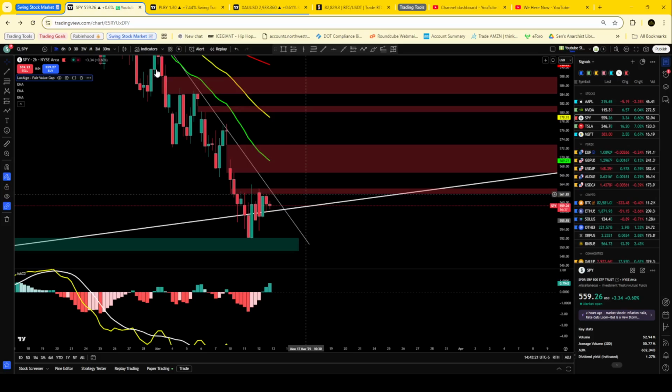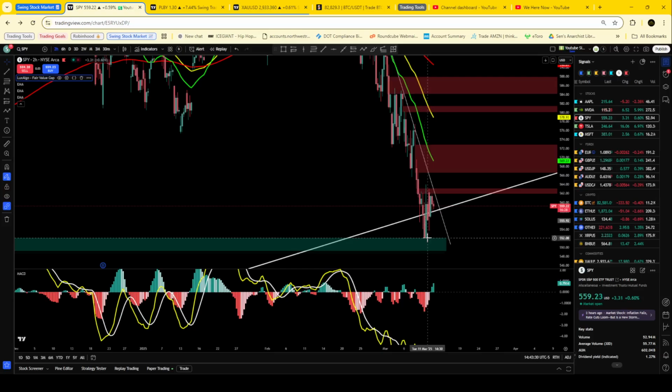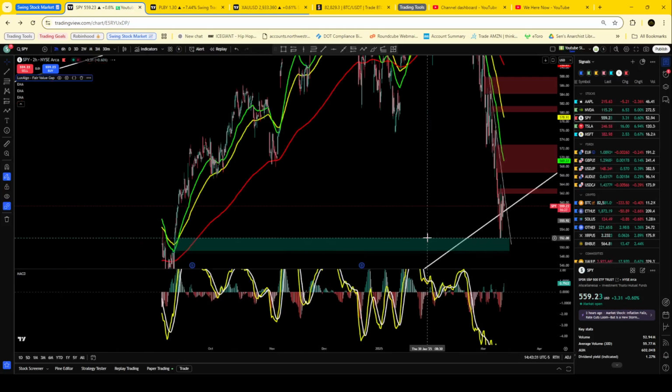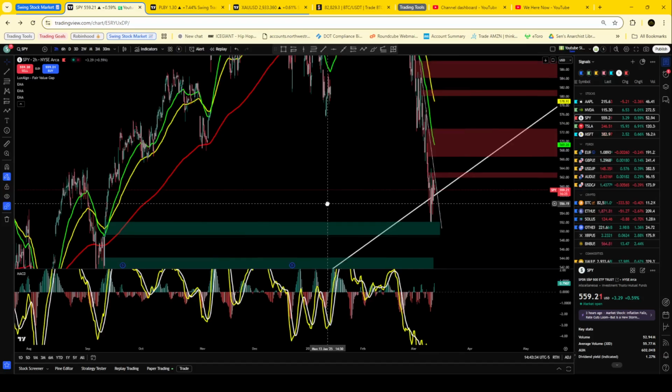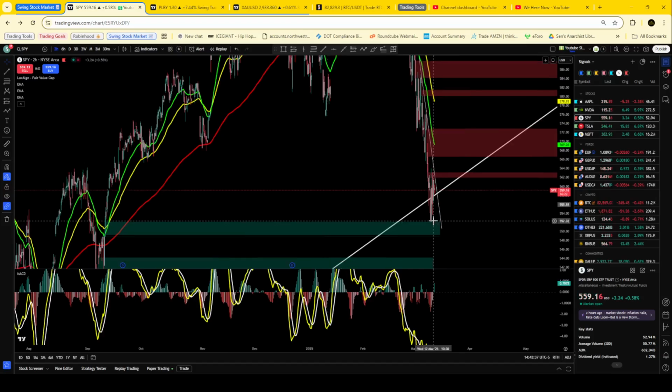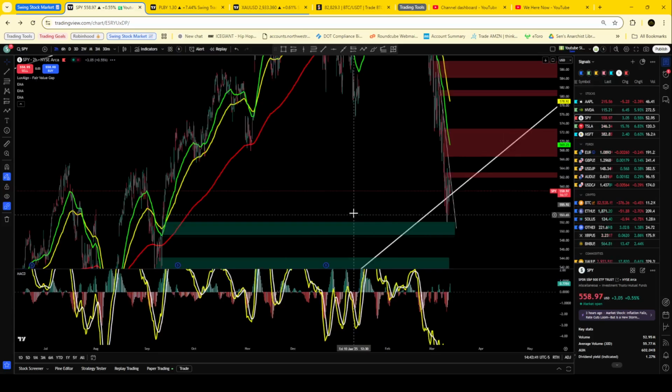This is still a strong trend line, and the fair value gap right here has been holding. It's only been one touch. Well, two candles, but it's only touched it once. So that again tells me that a good reversal was coming.